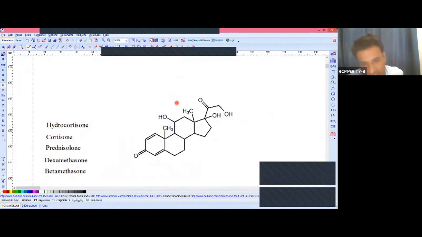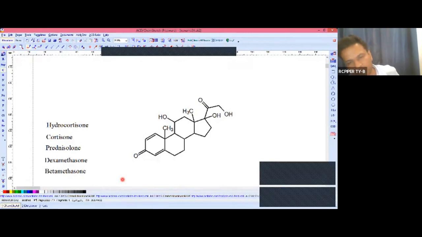Now to further improve the anti-inflammatory property and to reduce the mineralocorticoid activity, two major substitutions were made. Can you remember these two major substitutions which are present in dexamethasone and betamethasone? Literally, they abolish the mineralocorticoid activity and improve the glucocorticoid activity, that is anti-inflammatory property, tremendously.